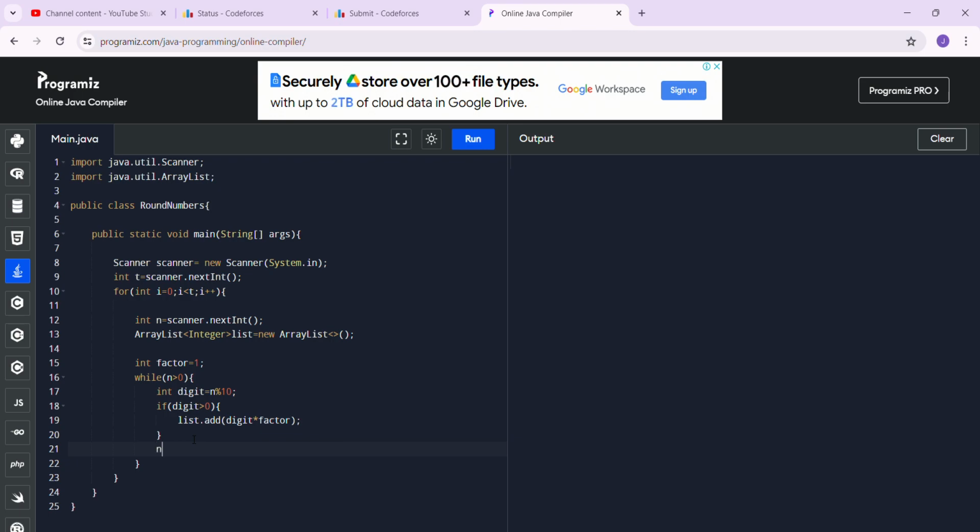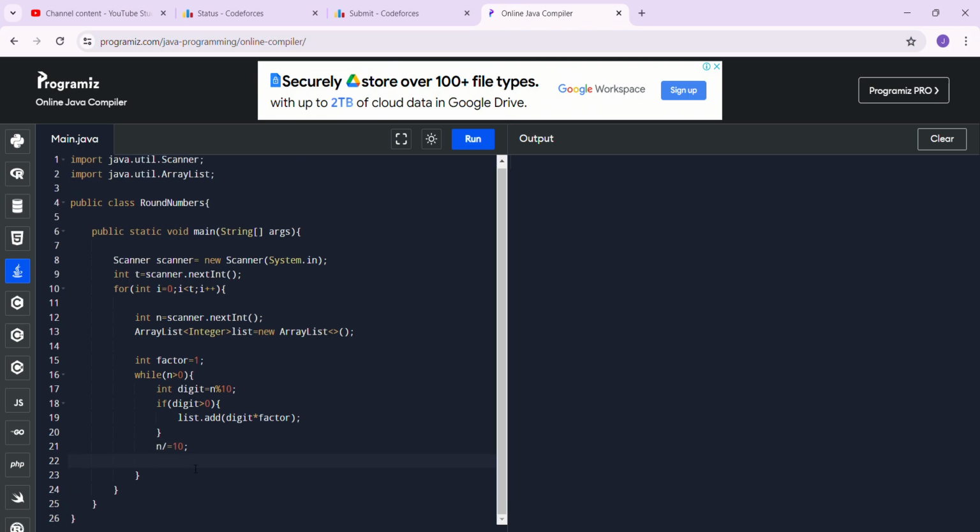Now we have multiplied the digit by the factor and added it. Now we also need to divide the integer by 10, so we can move to the next digit. Okay, now we did that.